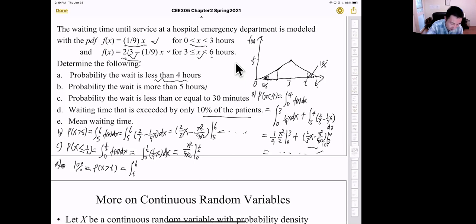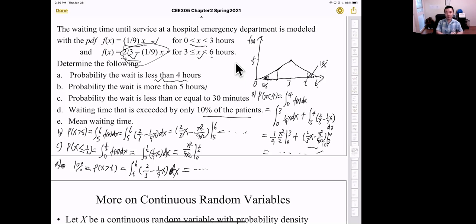So integration between t to 6. In that part, f(x) will be 2/3 minus 1/9 x dx. Then just do the math again. So that's part D.